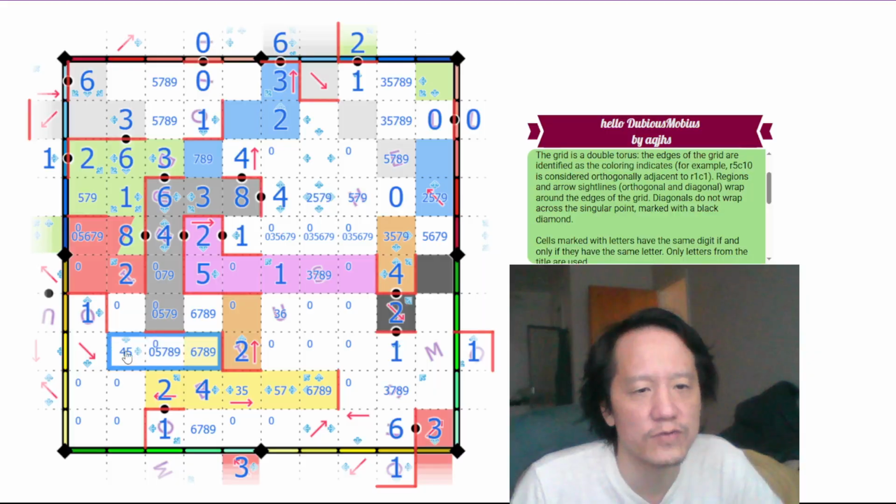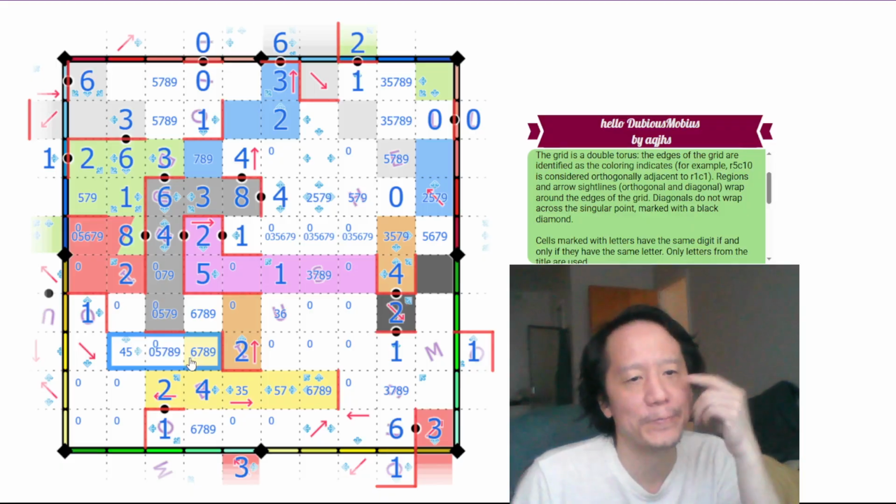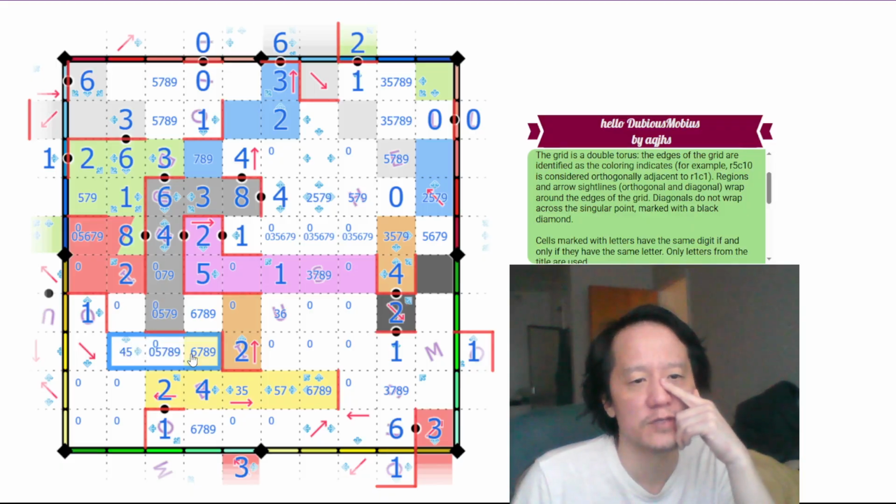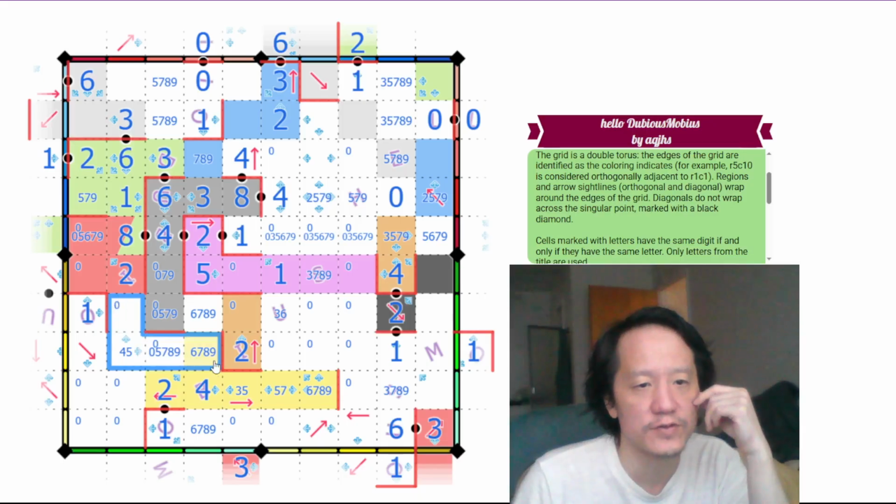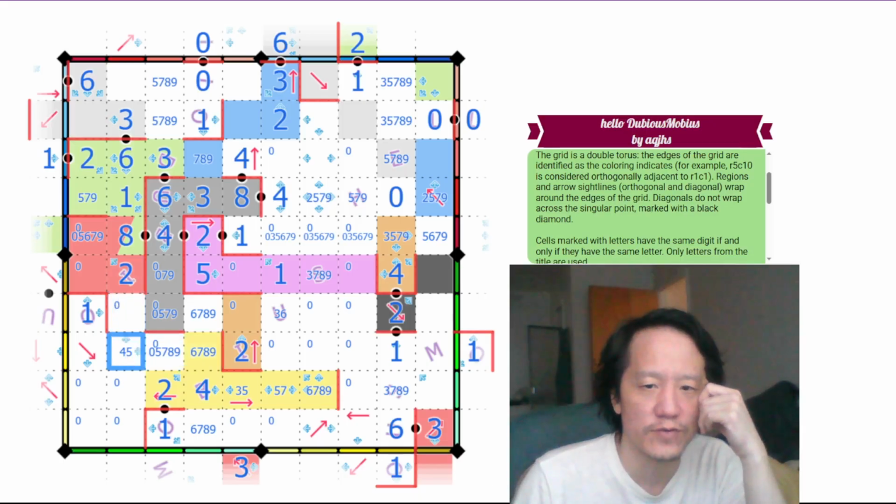So if this were part of the yellow region, that would not work. Because then this would see 5, and it can't see 5 this way. So this must be part of the red region. So this is red, this is red. Because it sees at least 2, 3 that way.